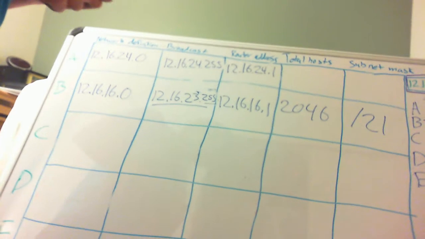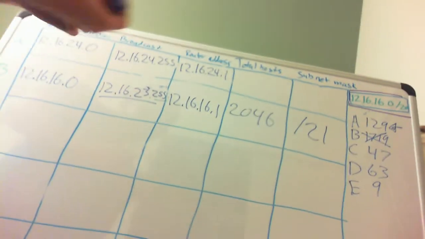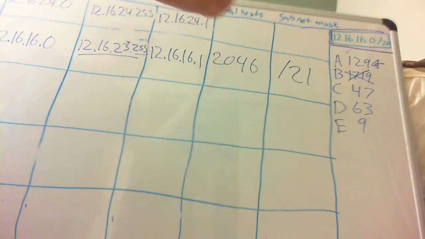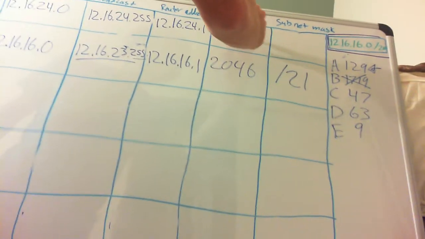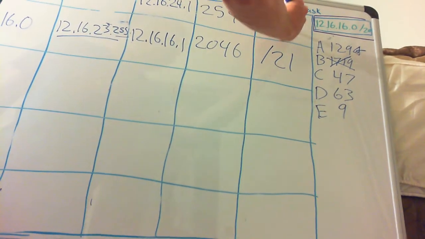Remember that 0 counts as a number, so it's 255 and not 256. Total host is 2 less than this, so 254, and we're at /24. That one's set.